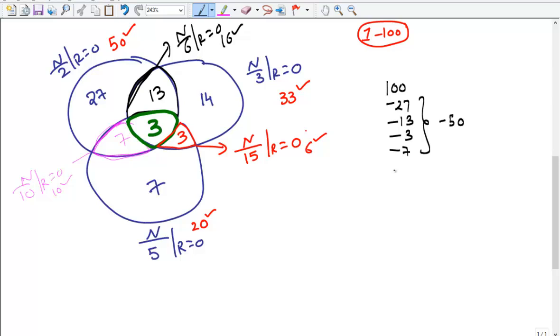The next one is minus 14, minus 3 and minus 7. So it means it is 100 minus 50 minus 24. That is 100 minus 74, 26. So from first 100 natural numbers, 26 numbers are not divisible by 2 or 3 or 5. That's very simple. You just need to understand.